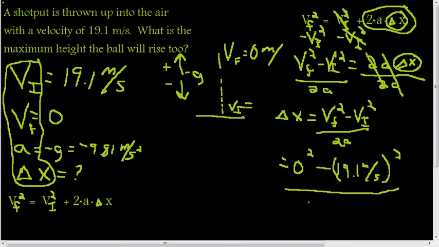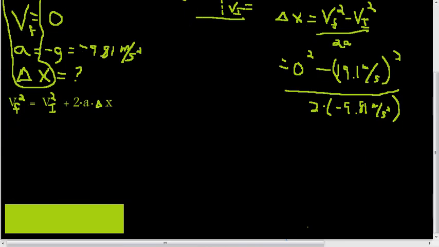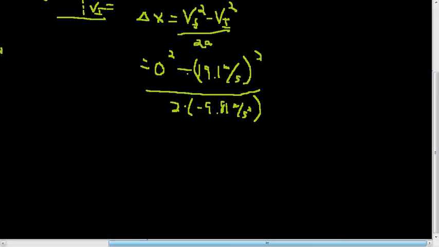All of this divided by 2, as well as our acceleration, negative 9.81 meters per second squared. Alright. There we go. Scrolling down over here, we are now ready to put this in our calculator.